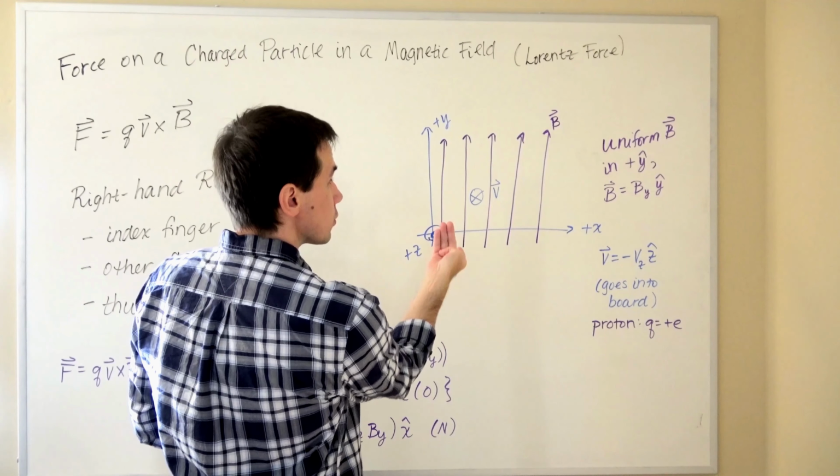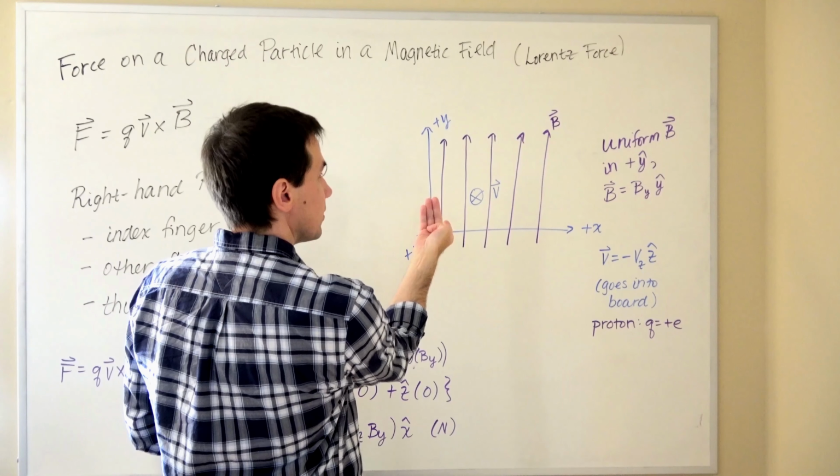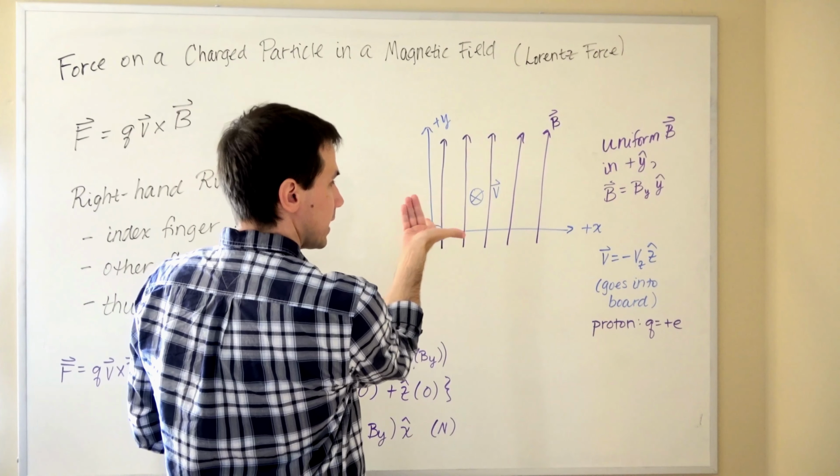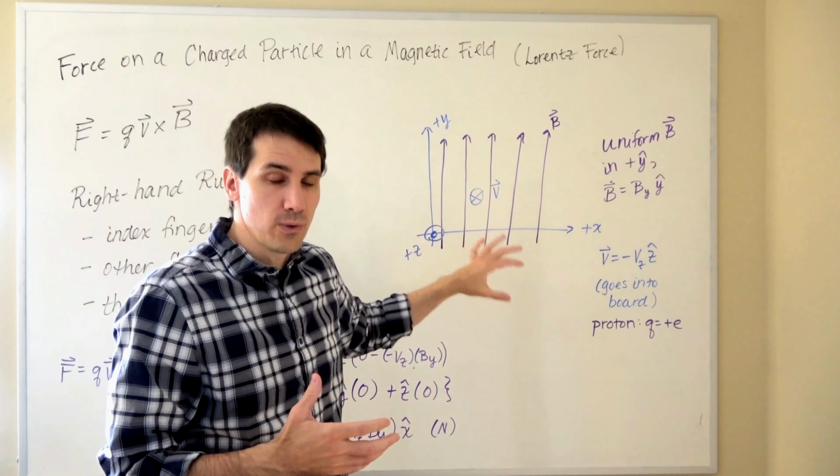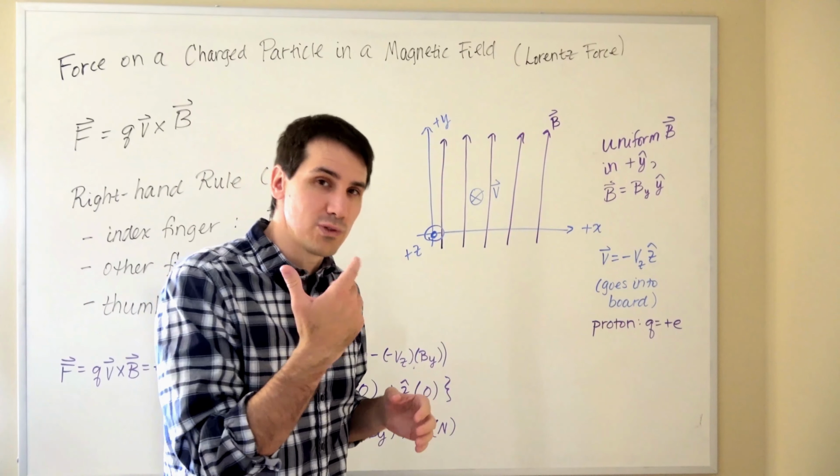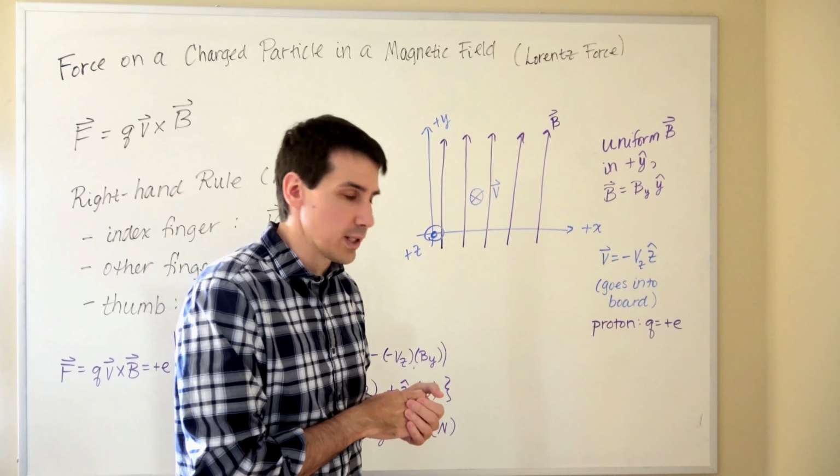Our other fingers should point in the direction of the magnetic field upwards, and our resulting force should point to the right. So just based on the right-hand rule, I would expect that the force on this particle should be to the right. It's really good practice for you to do this along with the video so that you get used to quickly doing the right-hand rule, and it will allow you to double check your answers quite quickly.